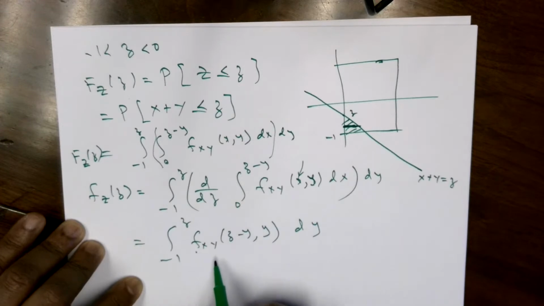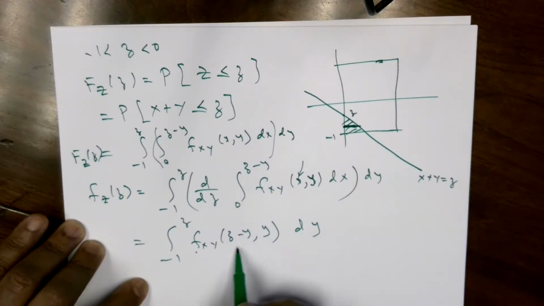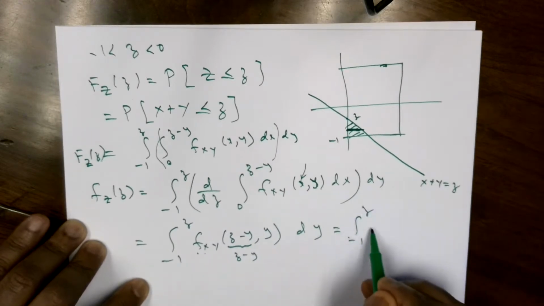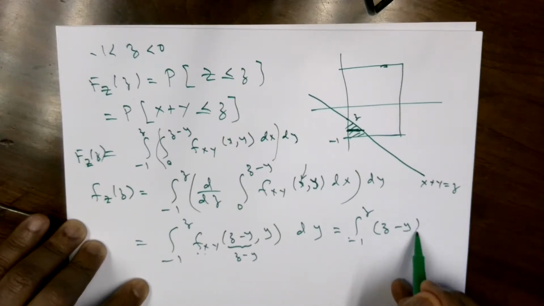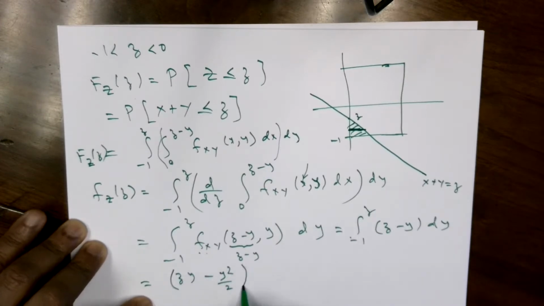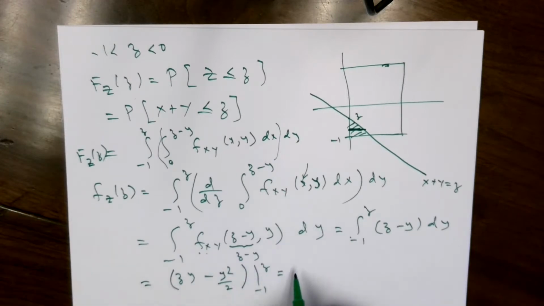Remember, this function is just whatever this is, so this will be just z minus y, this whole thing. So this is the integral from minus 1 to z of (z minus y) dy. When I integrate that, I get zy minus y squared by 2, substituted from minus 1 to z. When you substitute the top limit, z squared minus z squared by 2, that gives you z squared by 2.